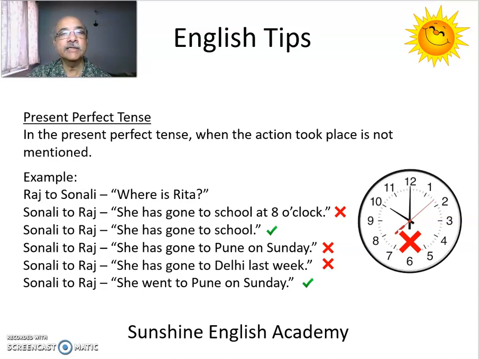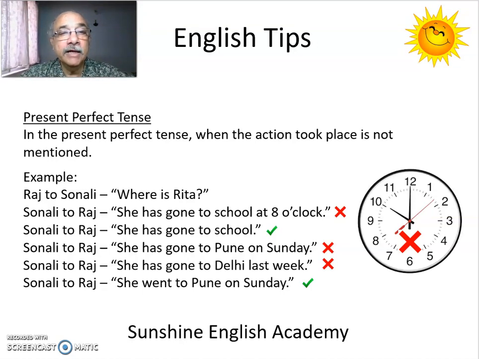Let's look at some examples. Raj asks Sonali, "Where is Rita?" So Sonali tries to answer using the present perfect tense, and she says to Raj, "She has gone to school at 8 o'clock."